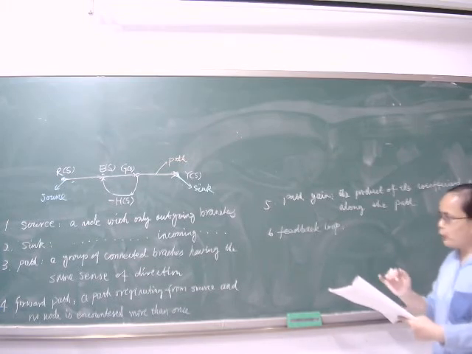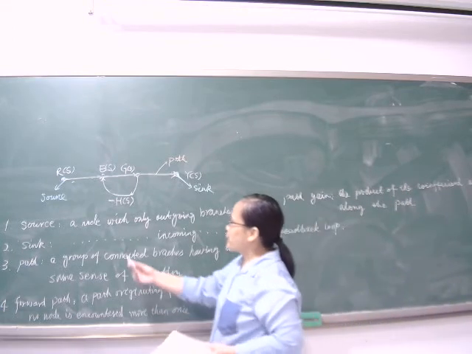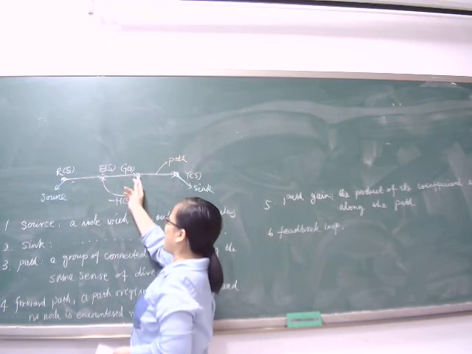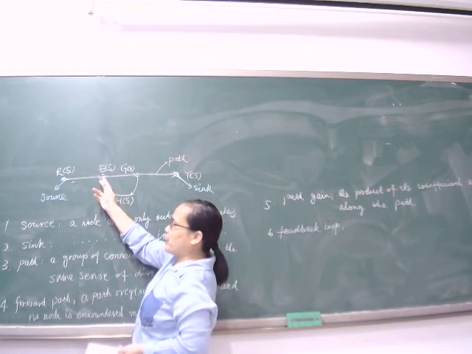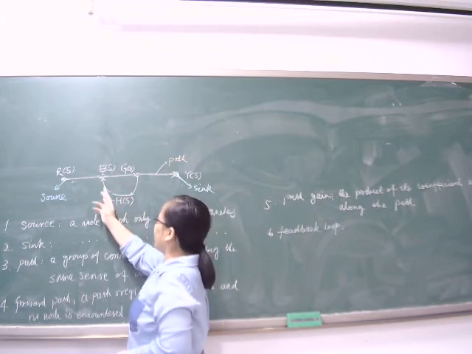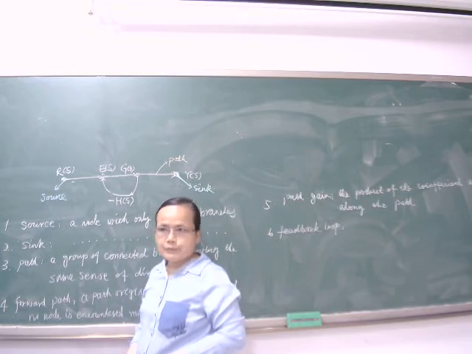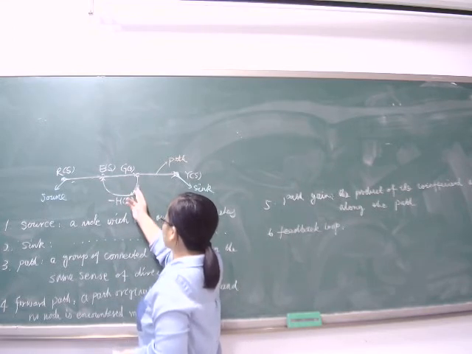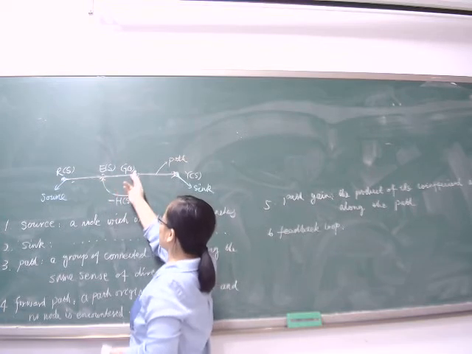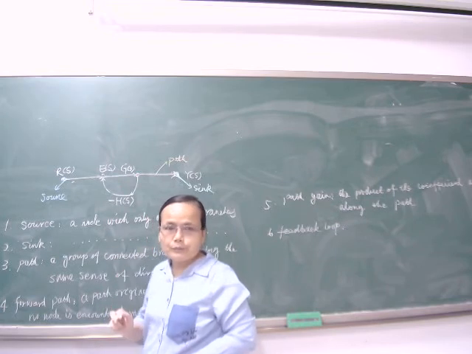A loop also is a path, but it starts from a point and ends at the same point. We can see here, start from this point and also end at this point. So it is a loop.